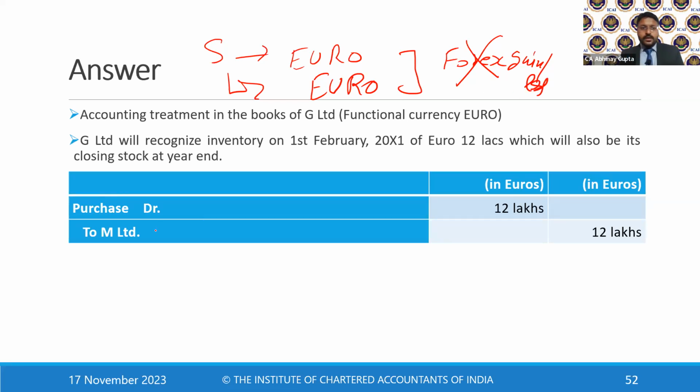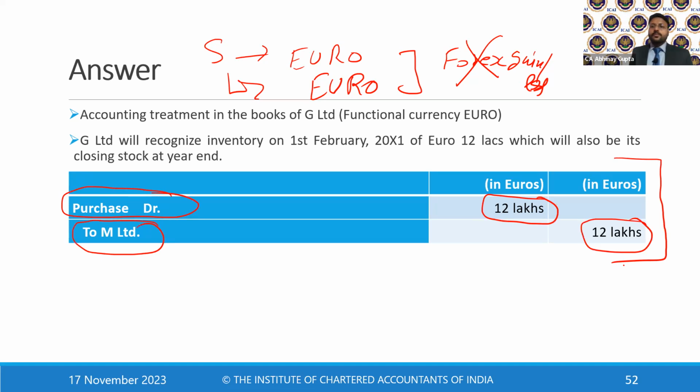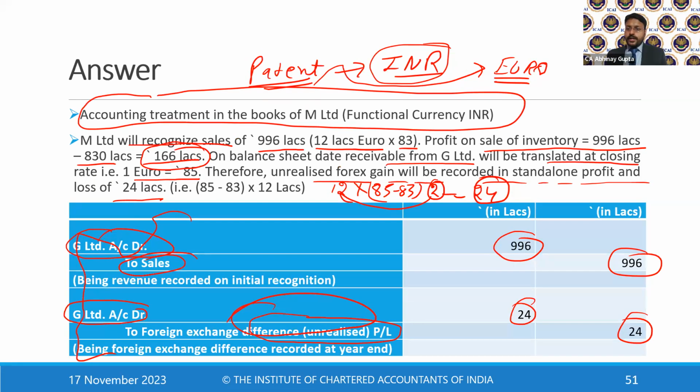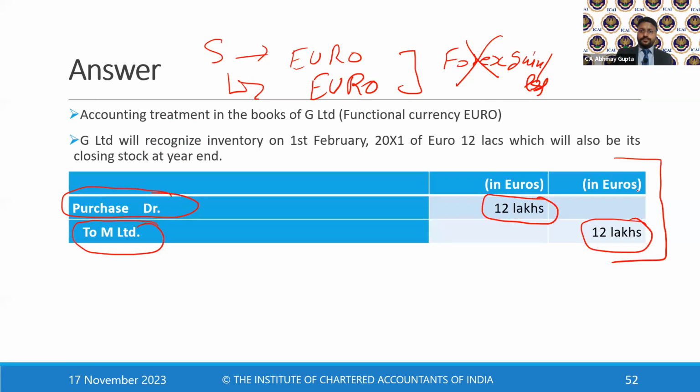So the only one journal entry: purchase account debit to parent company account M Limited, the creditor balance, 12 lakh euros. Because this company's functional currency is euros, it will be passing the journal entries in euros only. So no conversion required. In the books of the parent company, conversion was required because the transaction was happening in euros, but the functional currency was INR, right?